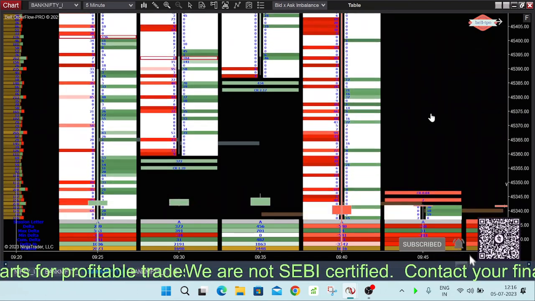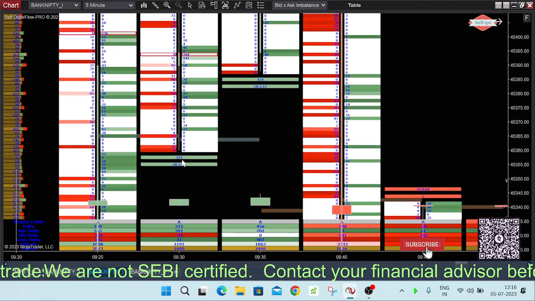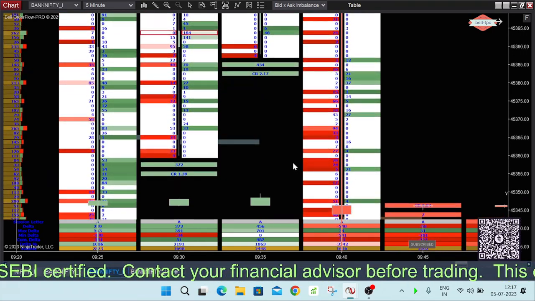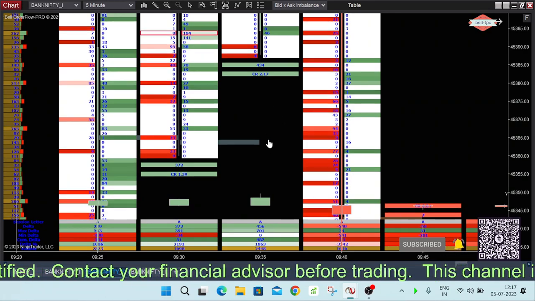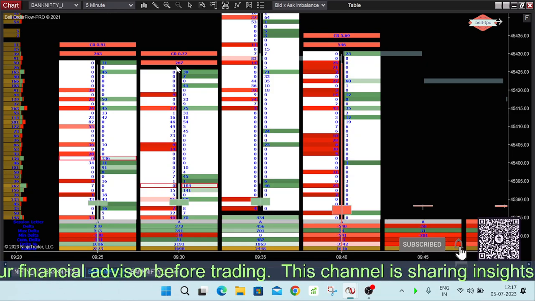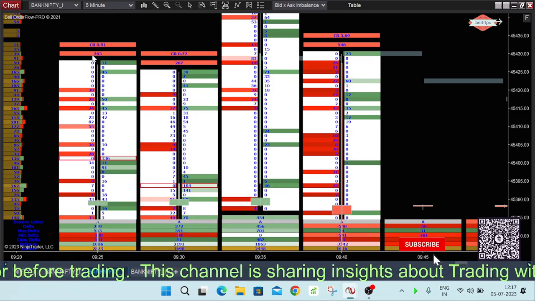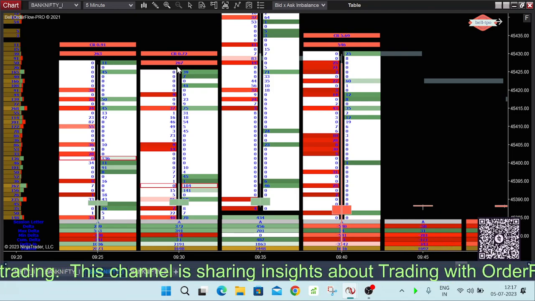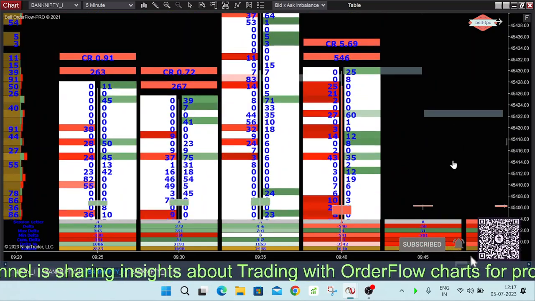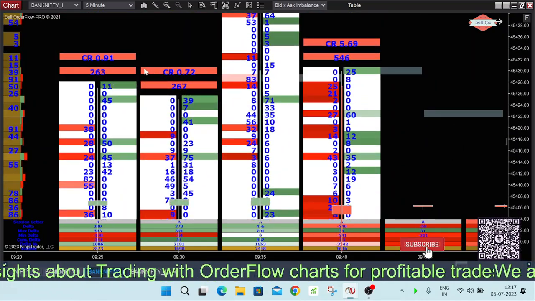I was expecting the market to go down because the buy delta you can see is 372 here. You can see it correctly here, and the sell order was 267. It was increasing from the previous one, 263 to 267.